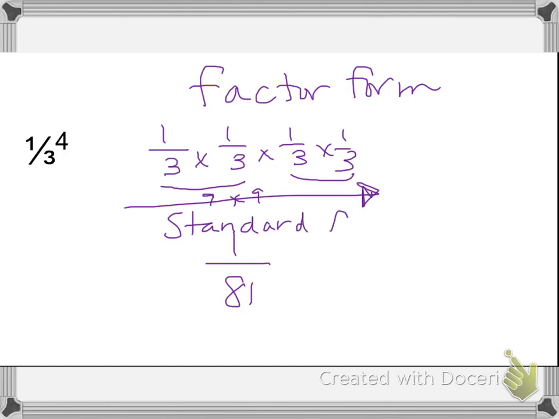It doesn't matter with multiplication the order that you multiply them in. So long as we make sure we multiply everything together, you can group them however you need to. For me, it was easier to do 3 times 3 and 3 times 3 than it was to do 3 times 3 is 9, 9 times 3 is 27, 27 times 3 is 81. Either way, we're going to get the same answer.